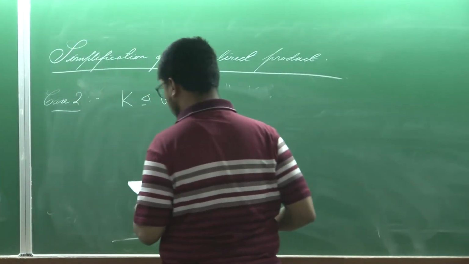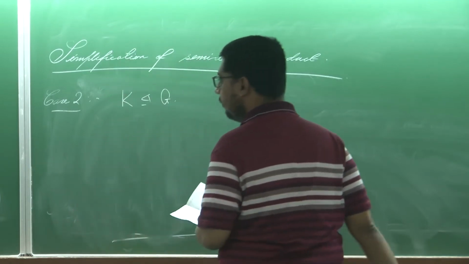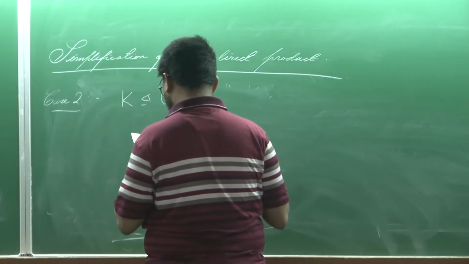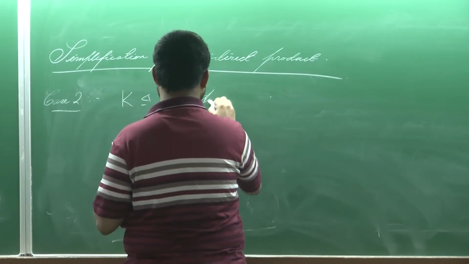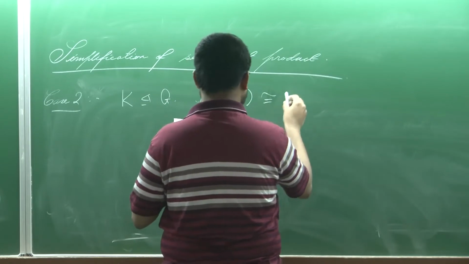In case 2, K is normal. If that is the situation, then Aut K is isomorphic to Z modulo 2Z.